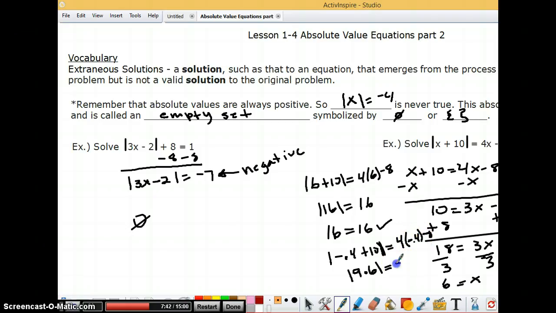So it's negative 1.6 minus 8. That's going to be negative 9.6. And what you see is they are not the same. And again, it was that negative that caused that issue. An absolute value is always positive. This one is not, so that makes this extraneous, which means that the 6 is the correct answer.